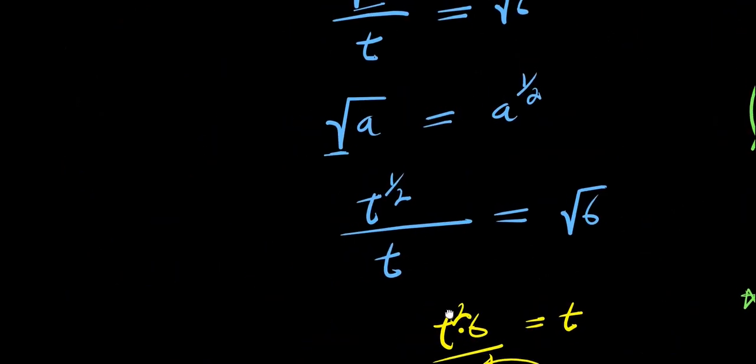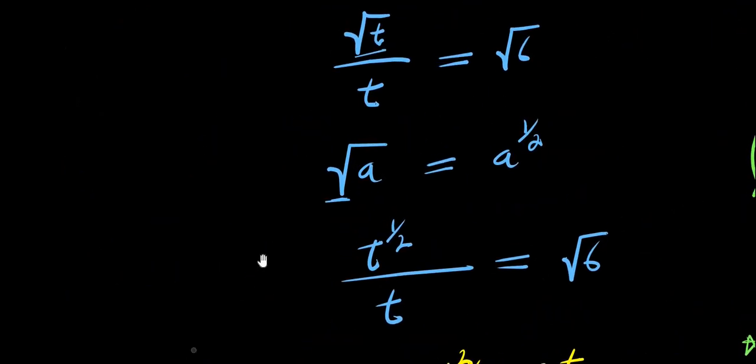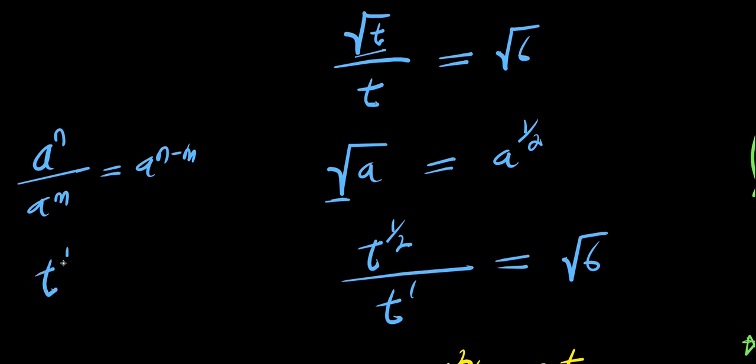So what we are going to do right now will be to apply this identity. a to the power of m divided by a to the power of n equals a to the power of m minus n. So this is to the power of 1. That means we have t to the power of 1 over 2 minus 1 equals square root of 6.